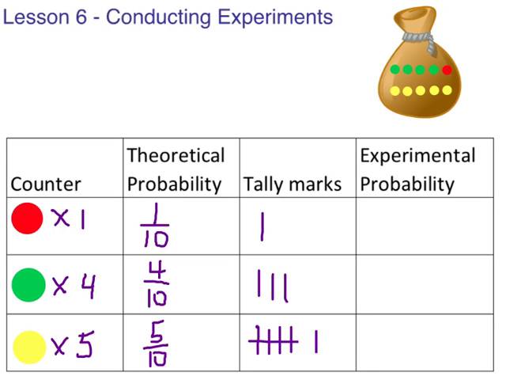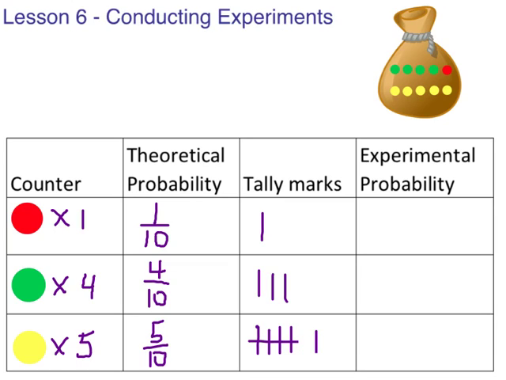So after doing the experiment, here are our results. Red only came out once, green came out 3 times, and yellow came out 6 times. So we can use these results to calculate our experimental probability. Experimental probability is simply what we actually got, the results that we got when we conducted the experiment.